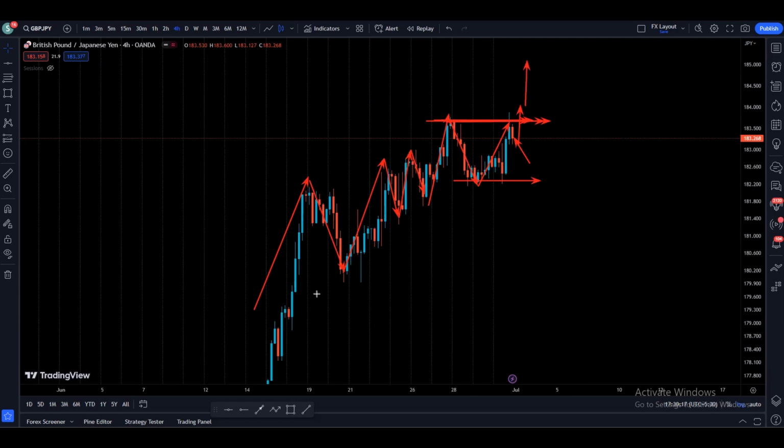But at the same time, as we know that we have a bullish market structure on the 4-hour time frame, to look for the sells, I'll be waiting for the price to break this low, basically, for the price to make a lower low, and then I'll be waiting for some kind of a pullback. And once the price makes a pullback and creates a resistance, I'll be looking to take a short in order to target the previous low and maybe the support right here. That is going to be the idea on the 4-hour time frame.